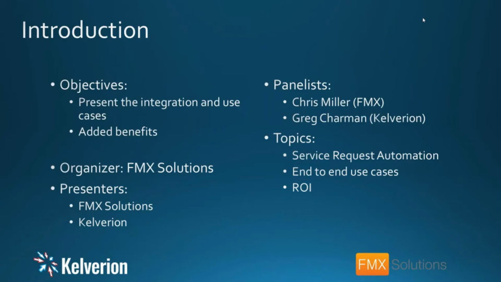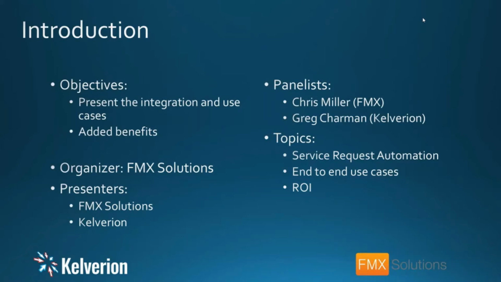So within service request automation, what we're going to be showing you are 3 distinct use cases. The ability to create a new user through an onboarding process, the ability to add a user to an Active Directory group as it pertains to access to an application or access to a folder, and then also the ability to enable and disable a user, where the disable comes in handy for an offboarding request.